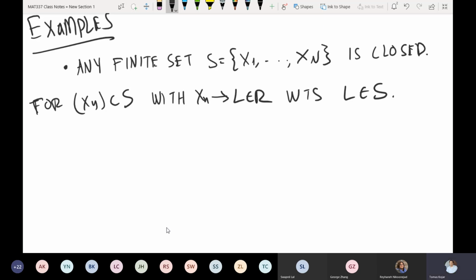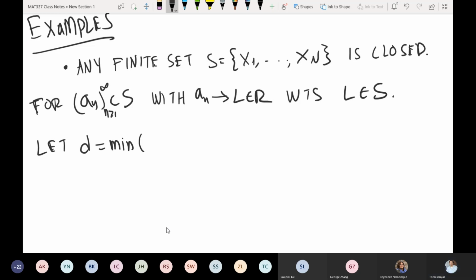That's bad notation. Let's see. So let d be the minimum interdistance between all the points.